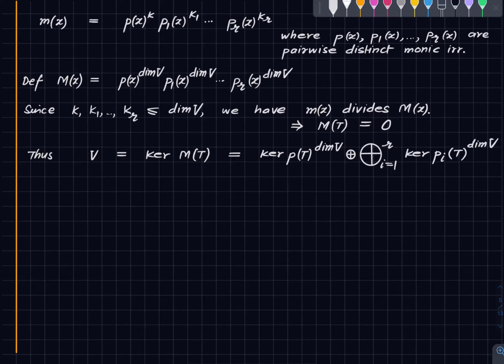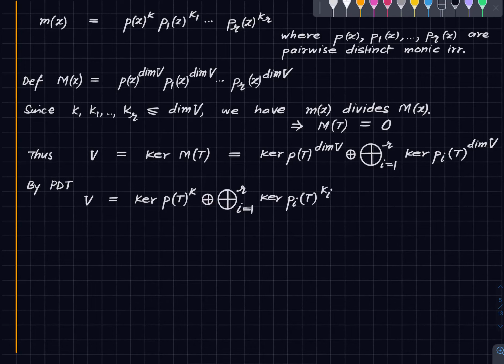But at the same time, by the primary decomposition theorem, we also have that V is nothing but this direct sum.